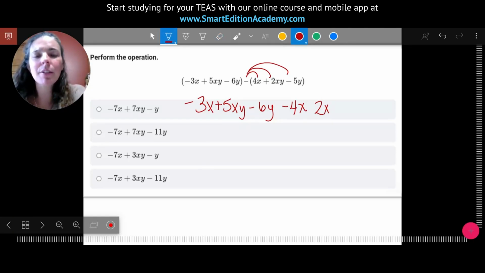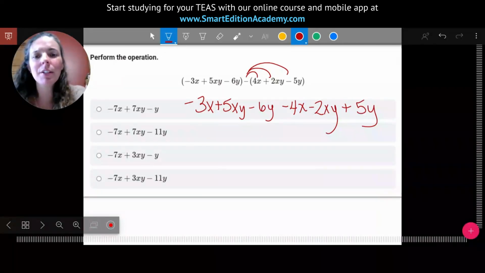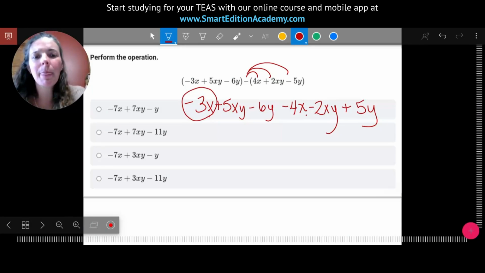Okay, so I did minus 4x. Now I'm doing minus 2xy, and then minus negative 5 is really plus 5y. Just make sure that you're really careful when you distribute, and then go ahead and start combining like terms. And when you think you've got the answer, go ahead and type it in the chat.